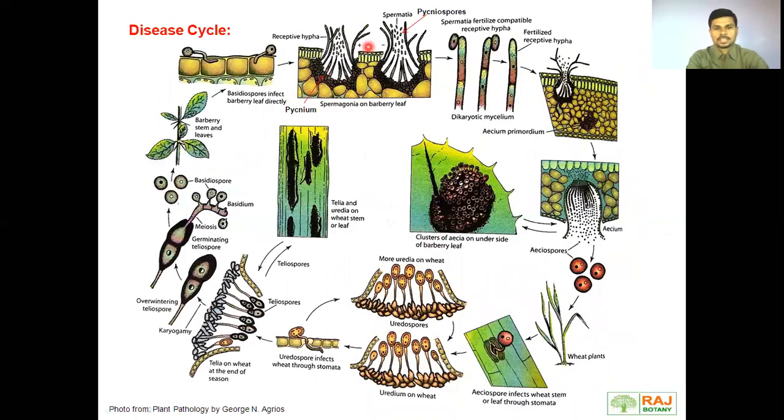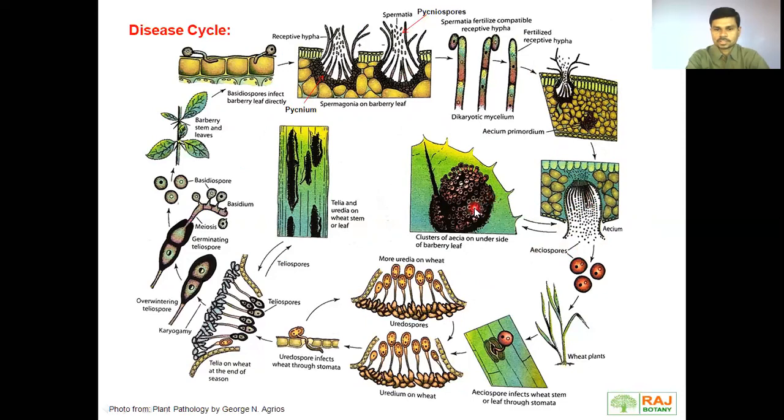This is the overall disease cycle of rust of wheat. When basidiospores infect the host, there is production of the pycnium, and exactly opposite to the pycnia there is production of the aecium. The aecium is a cup-like structure. It produces the aeciospores, and these aeciospores are present on the barberry leaf.